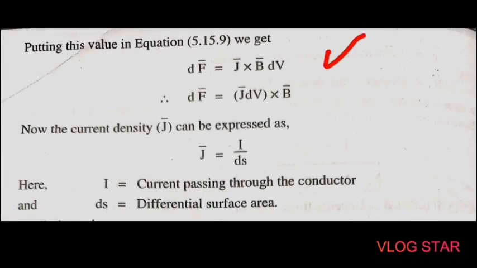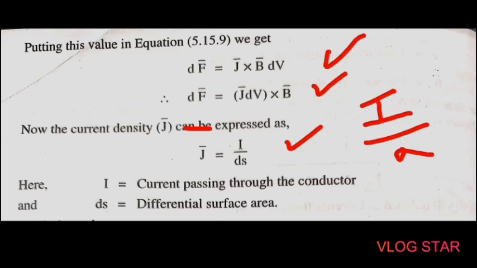So we can write dF bar is equal to J bar dV cross B bar. Okay, so here this J bar is nothing but what? Current per unit area. So we can write capital I divided by area, a differential surface area. This is dS, and I is the current passing through the conductor.